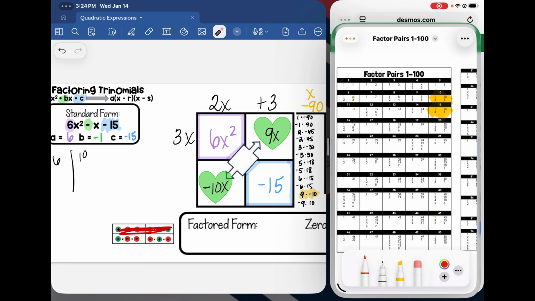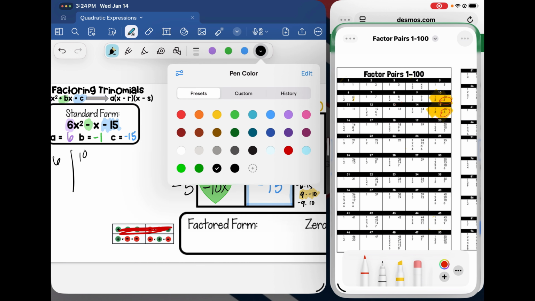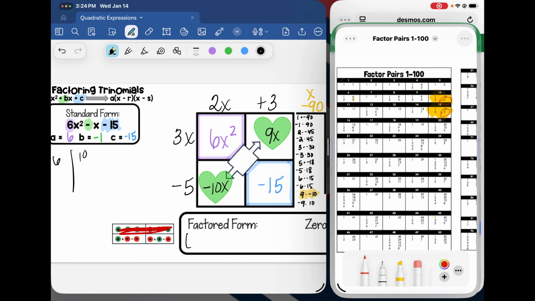Hopefully you said a 5. But since this is a negative, that means it will be a negative 5, because 2 times negative 5 is negative 10. Negative 10 divided by 2 is negative 5. So my two factors would be 2x plus 3 and 3x minus 5.